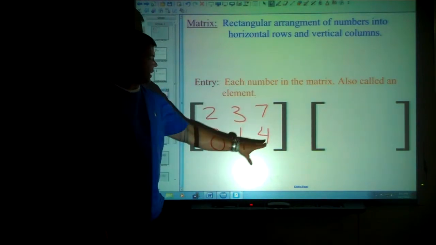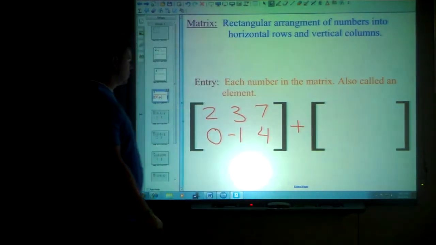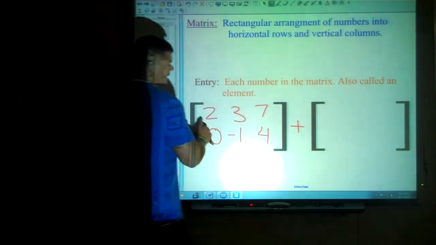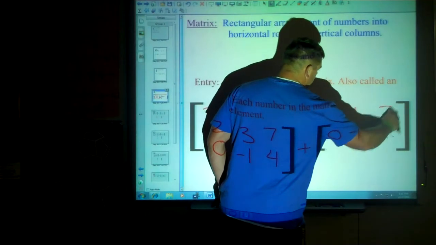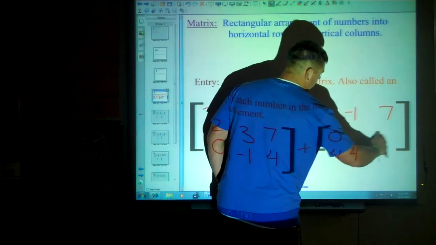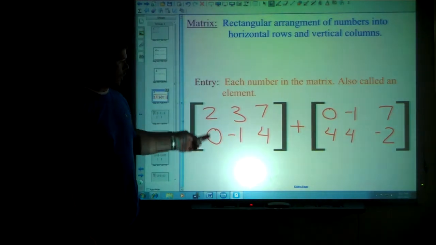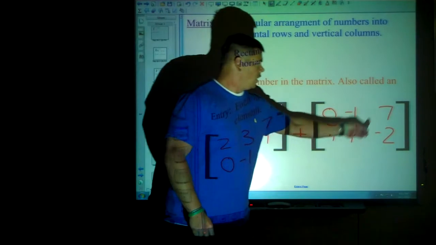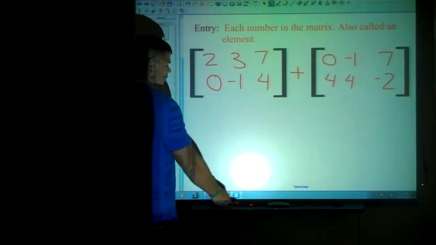If this were the matrix that I had and I wanted to add it to another matrix, I could do so, as long as over here I had the exact same configuration. In other words, 0, -1, 7, 4, 4, -2. I have exactly the same number of rows, 2 rows, 2 rows, and 3 columns, 3 columns. If I have that, then I can add these together. If I don't, it won't work.